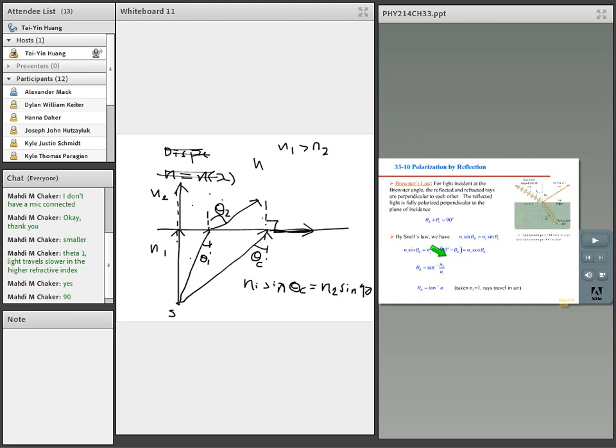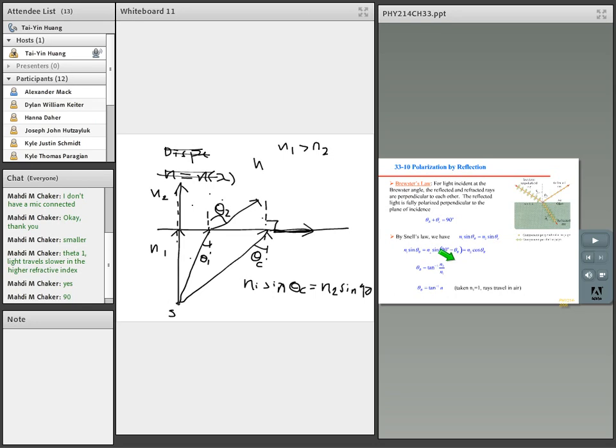Rearranging this, theta C is equal to the inverse sine of the ratio of the indices of refraction, n2 over n1.